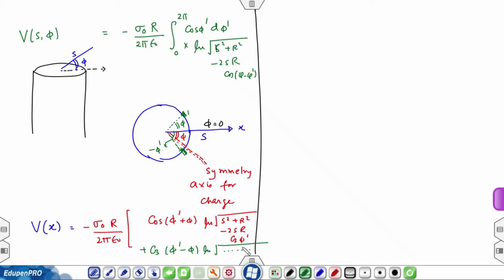And this whole thing has to be integrated over. Since I am taking phi prime for the upper and the lower both, the integration will be from 0 to pi. It will cover the entire cylindrical surface.